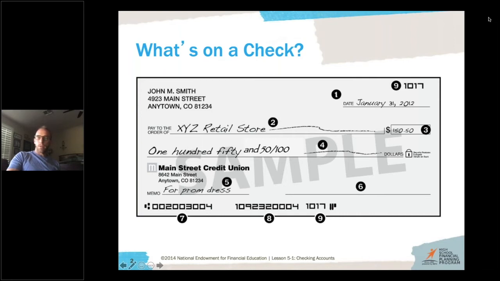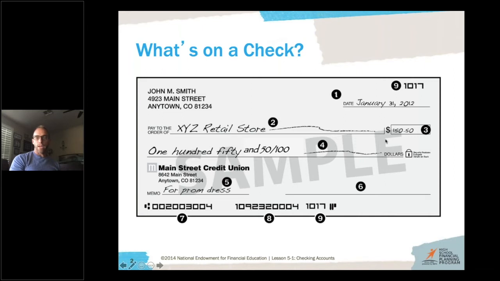You write this out in 2 spots so that it can be verified. So $150.50 is in the box at number 3, and then in number 4 you actually write out the dollar amount. So 150 and 50 over 100 for your 50 cents. If it was 33 cents, it would be 33 over 100.